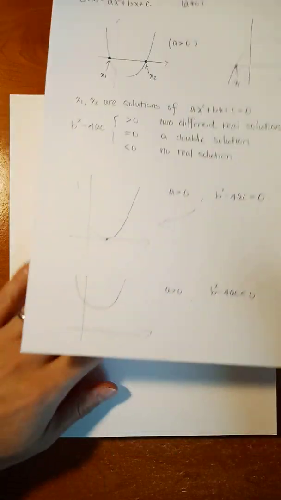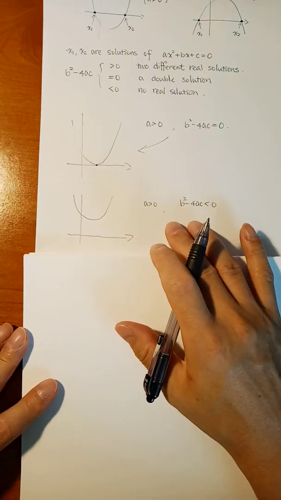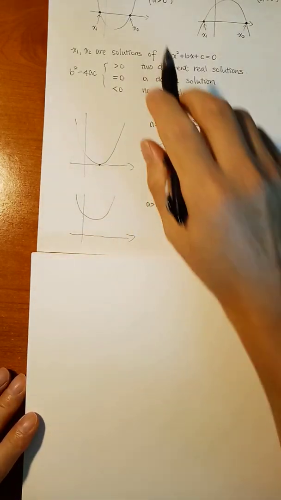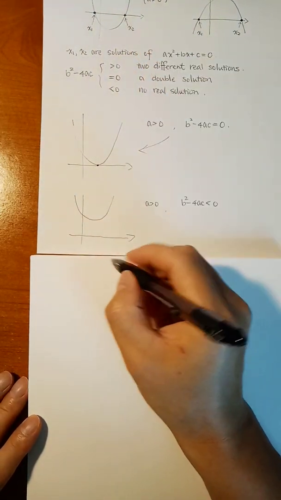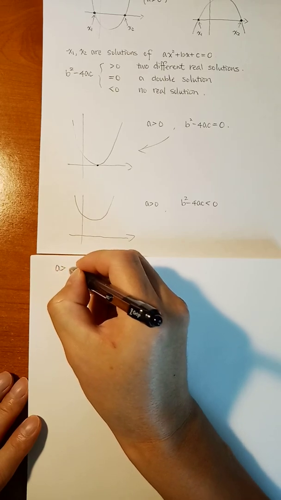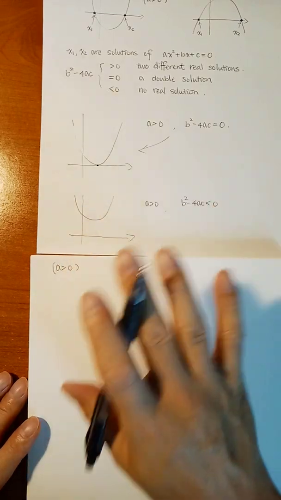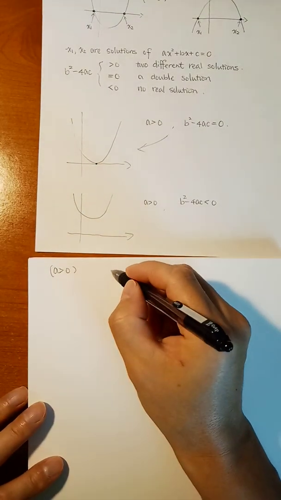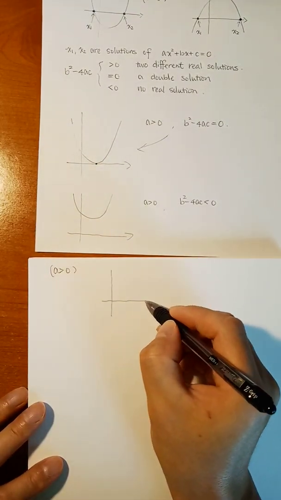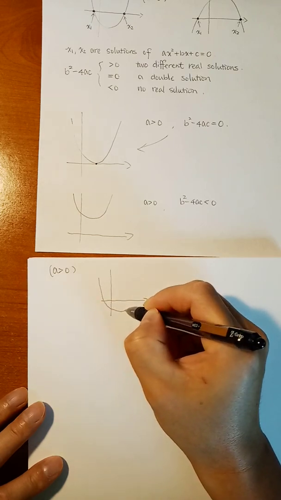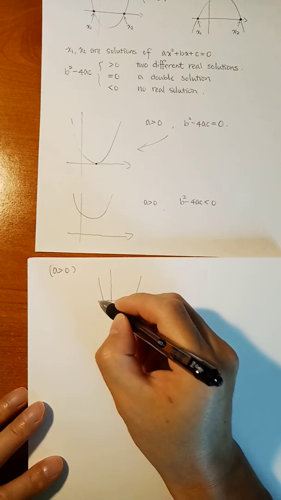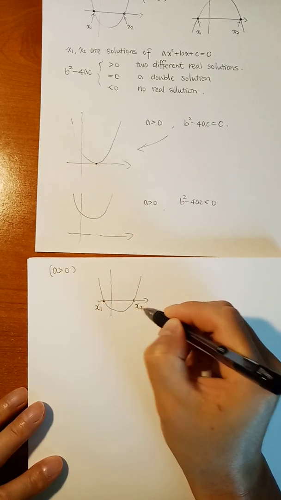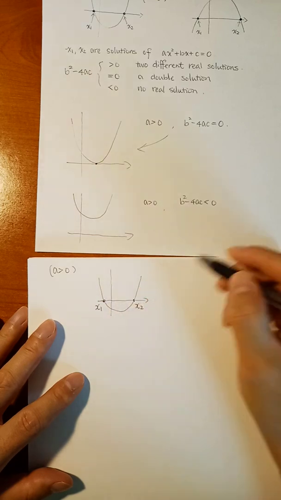Okay, and another thing related to the inequality is the following. We will only discuss the case a is greater than 0. Let's assume a is always greater than 0. If a is less than 0, we will see how we handle it. Assume you have the graph like this. Then you get two solutions, x1, x2.